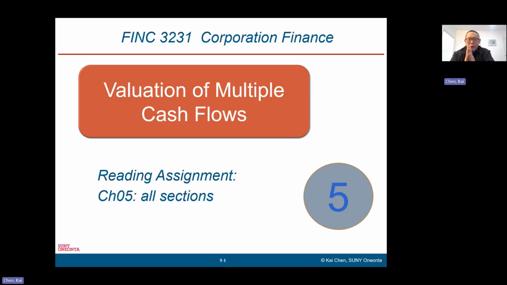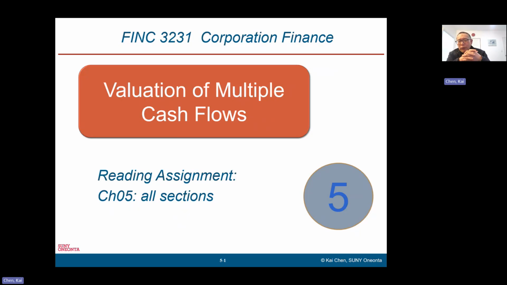First of all, we learned the principle that money has time value, and then with the present value formula or future value formula, we establish a numerical relationship between the present value and the future value.